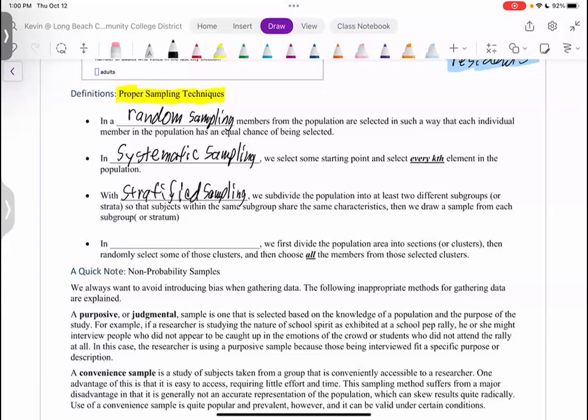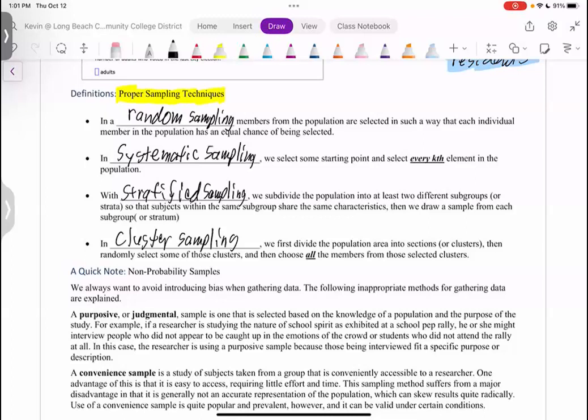So when we draw, we draw a sample from each of them. This is versus cluster. We subdivide the population into sections or clusters, and then randomly select some of those clusters, and then we choose all of the members in the selected clusters.